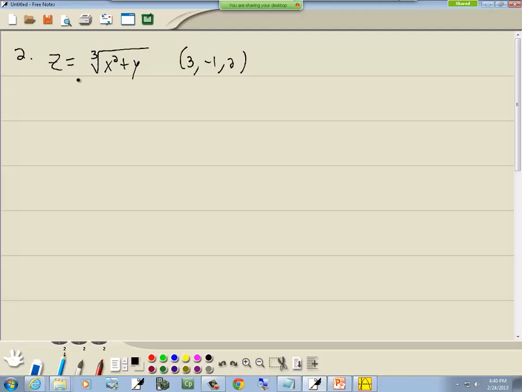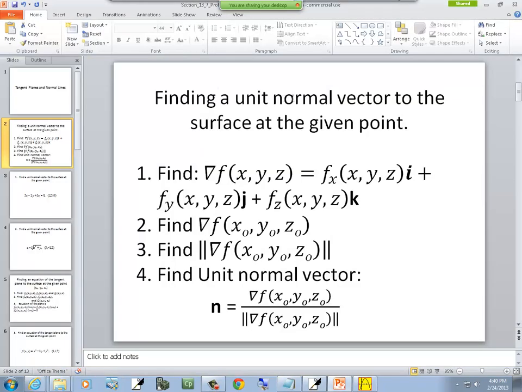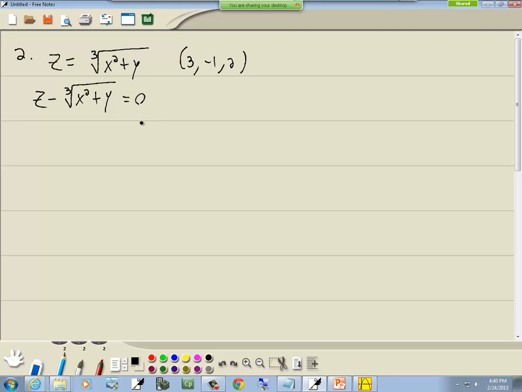Well, we need to get everything over to one side, so I'm going to take this cube root over to the left side. Doesn't matter which side you take it to. Though you will take it to one side, and the vector we're finding, the unit normal vector, may be pointing inward or outward. But that's no big deal, because we're just looking for a direction, really.